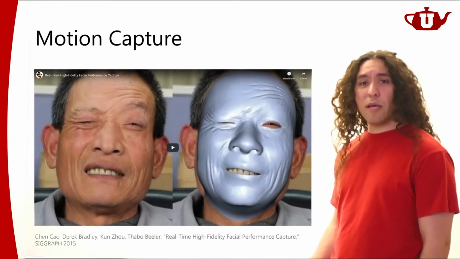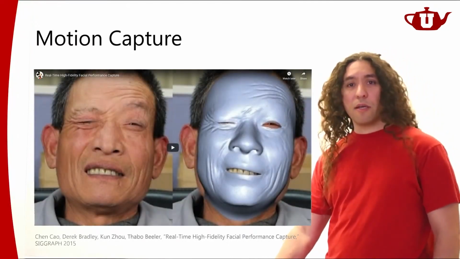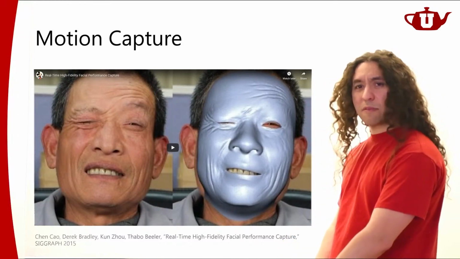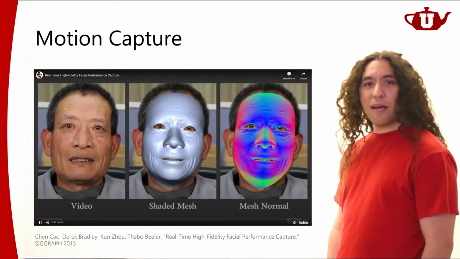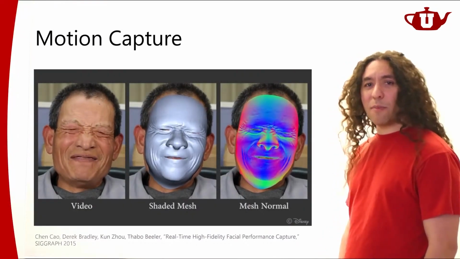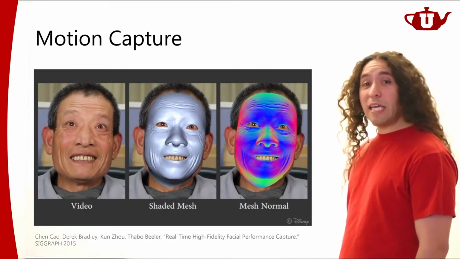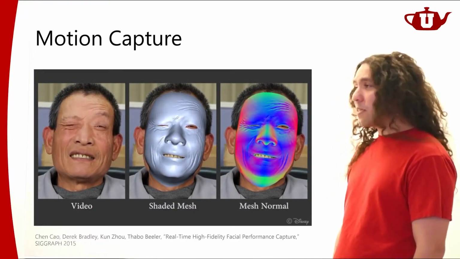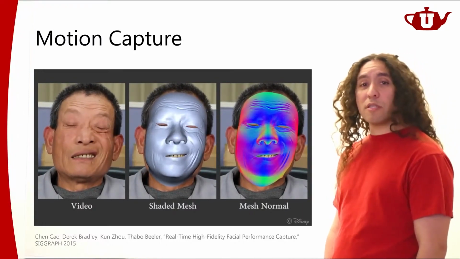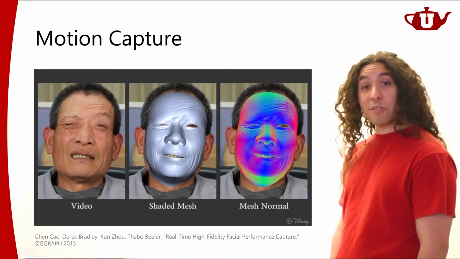I'm going to show you an example here from a relatively recent SIGGRAPH paper that's doing a great job in capturing facial animation. As you can see here, this particular algorithm is capturing the surface and not just the motion of the eyes and the lips, but also wrinkles.